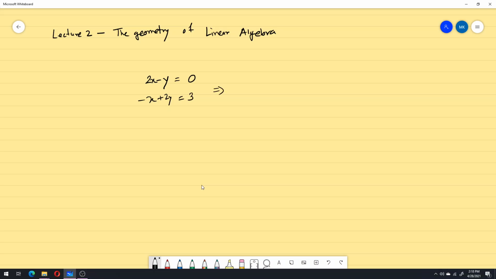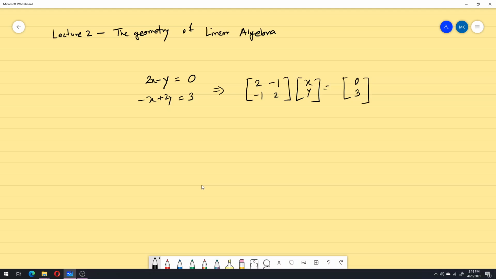This system of equations can be written in a matrix form. I think you're familiar with this. It should be 2, -1, then -1, +2, multiplied with the variable vector, and this is the solution set.